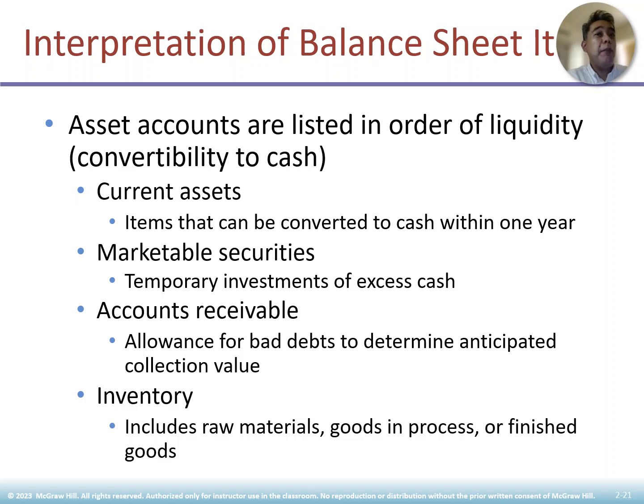If you are a manufacturer, it means that your inventory will need to be produced, converted from raw materials to work in process to finished goods. From finished goods, it will be packaged, delivered, sold, converted to receivables, and then collected and converted back to cash, right?